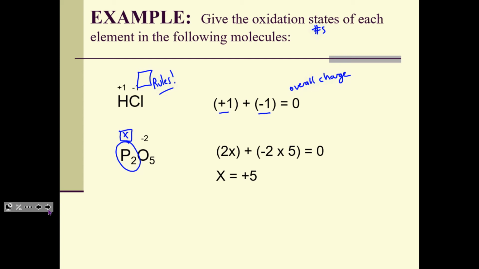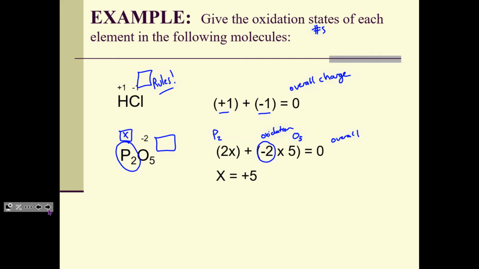There are 2, P2. So we have 2 times X plus the -2 oxidation number for oxygen, and we have 5 of them, right? It's O5. The overall charge is 0 because there's nothing above this molecule indicating that it's an ion.